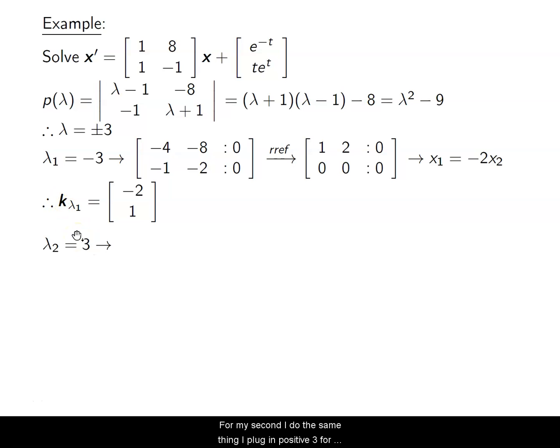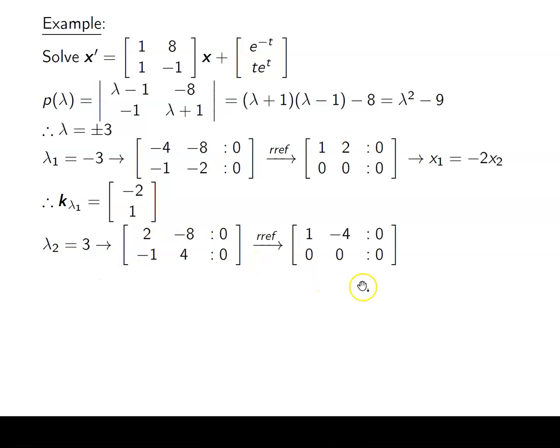For my second, I do the same thing. I plug in positive 3 for lambda everywhere, set it equal to 0, and I end up with something similar, but it'll be a 1 and negative 4. So I move this over, x1 equals 4x2, that gives me 4, 1 as my eigenvector.